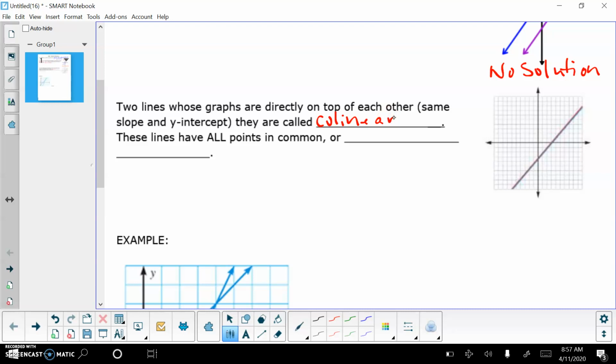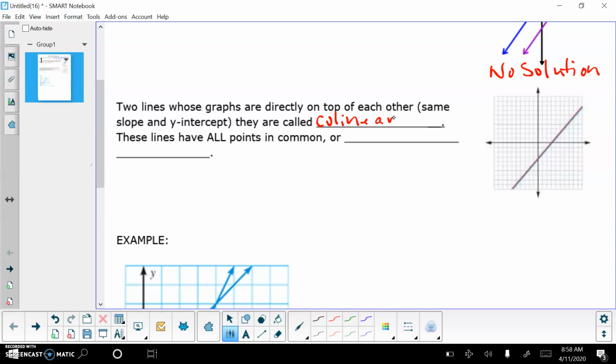And in fact, not only do they have the same slope and the same y-intercept, but if you keep reading, it says these lines have all points in common. So every single point on the graph is the same for both of them, which means they cross or intersect everywhere, because intersect just means where they touch, okay?